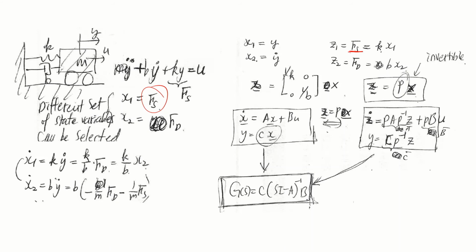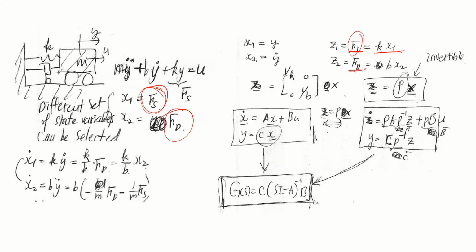But suppose this spring force and damping force are given as state variables. Okay, for some reason you want to measure this force, and so this can happen.